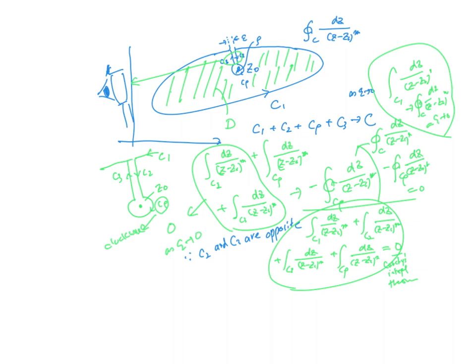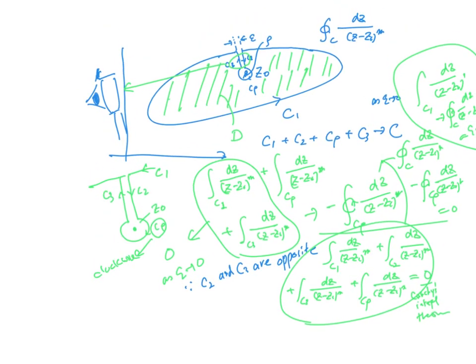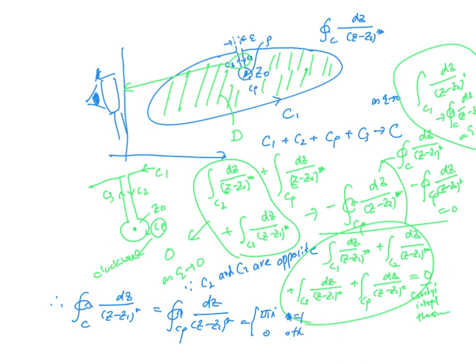So that means for arbitrary curve, we have this C is basically the same as this for circle, and it becomes 2 pi i or 0 otherwise.